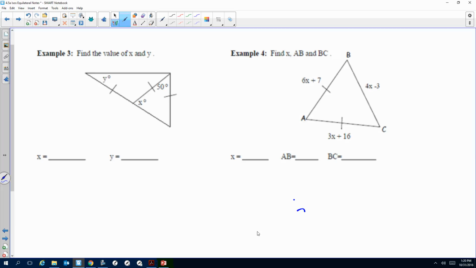All right, hopefully we're starting with this 50, this isosceles triangle here. Get the x. I know it doesn't look to scale, but we have two tick marks, so we're using that. We should have 65 for x. I'm going to go ahead and put that inside the triangle. 65, 65. Okay, how are we going to get to y?